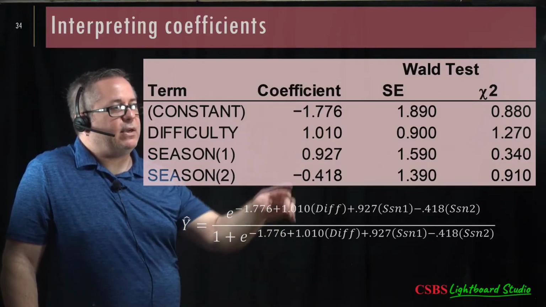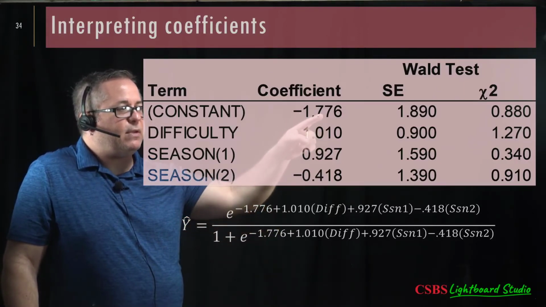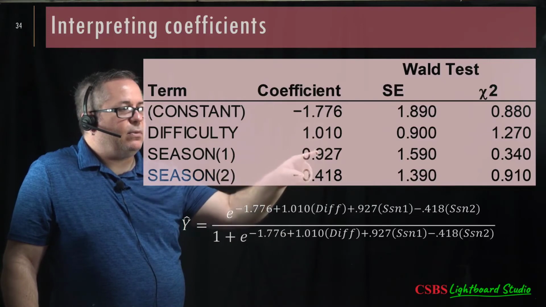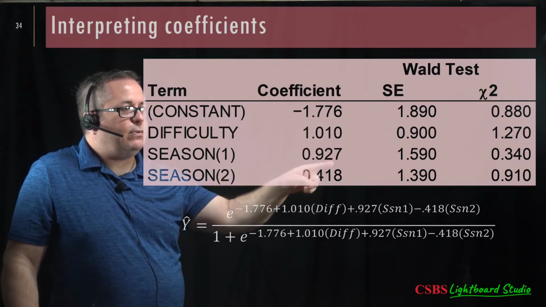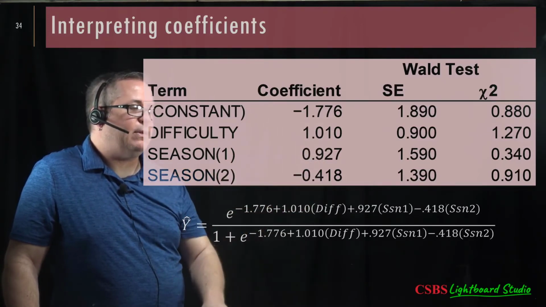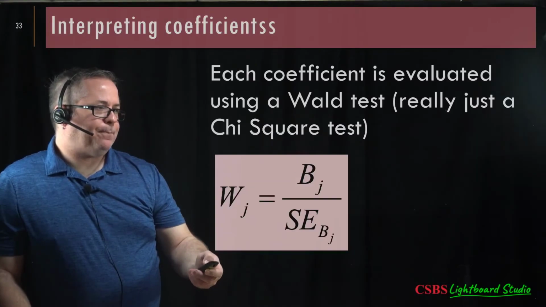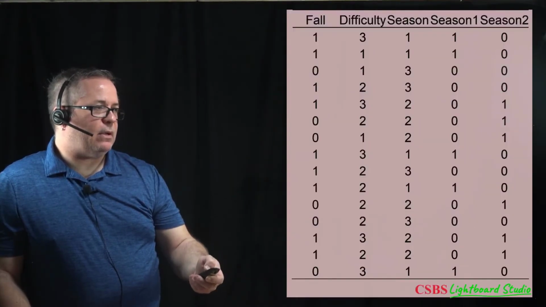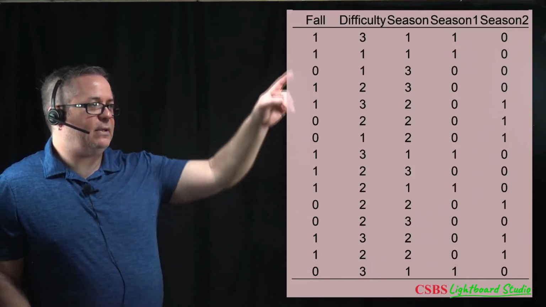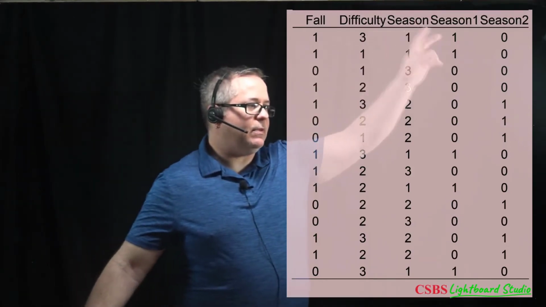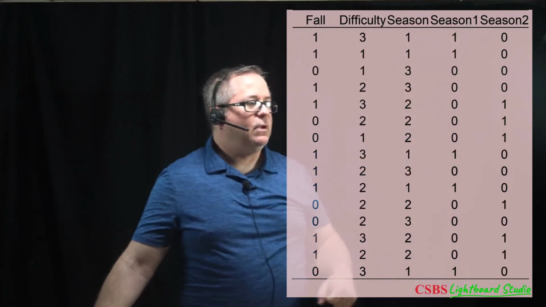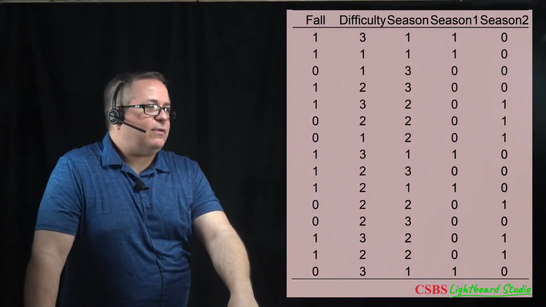So you see the negative 1.776, 1.01, 0.927, negative 0.418. How do I interpret those values? Think about this. We have difficulty, and forget about season, but season 1 and season 2 are 2 predictors. So, who does it actually apply to?